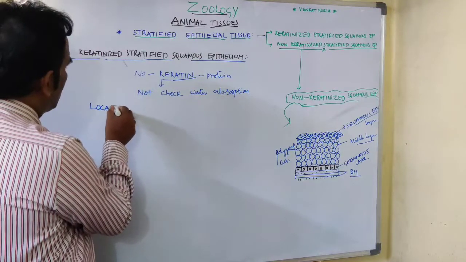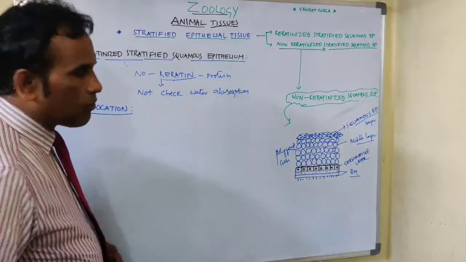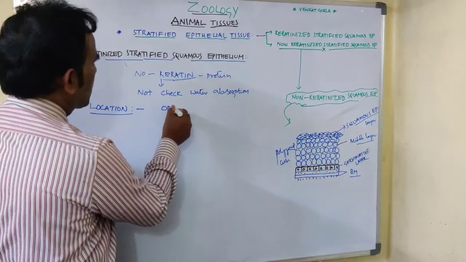Where is the location of this non-keratinized epithelium? It is most often seen in the buccal cavity or oral cavity.